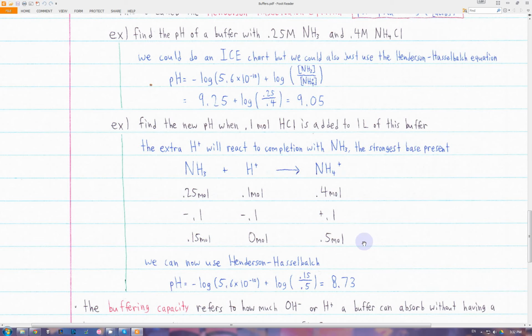And then we can calculate the pH of the new solution using the Henderson-Hasselbalch equation. So the new ratio of base to acid is 0.15 over 0.5 molarity. And so the new pH is 8.73, which again is not a large change from the original pH, even though we added a very strong acid.